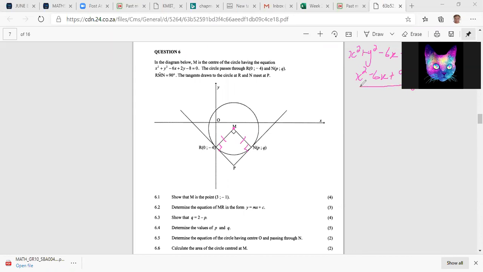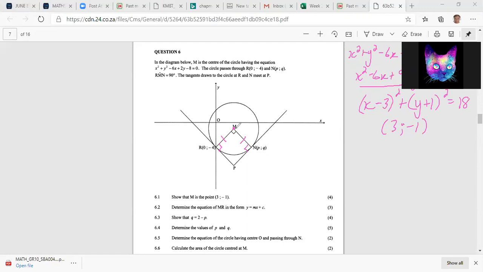All right, those will be a bracket squared, x plus 3 all squared, if I were to multiply that out, I'll get that. Plus y plus 1 all squared, and that is 18. So in other words, the center is 3, minus 1. There it is. 4 marks.